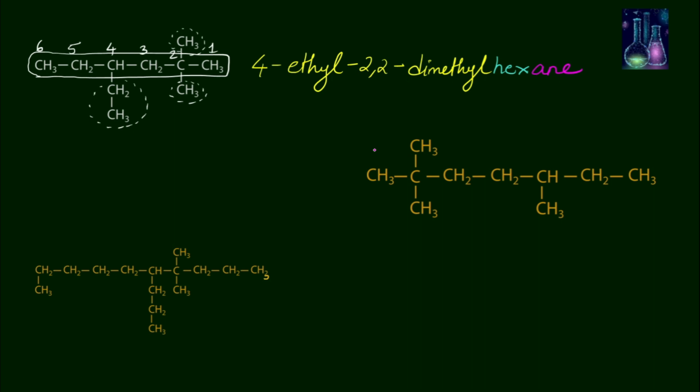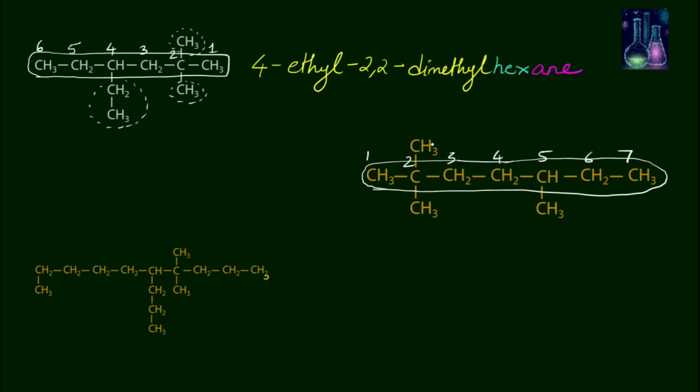Now let's try out this molecule. Let's identify the longest carbon chain. If I go from this end to this end, yes, this is the longest carbon chain, in which I have 1, 2, 3, 4, 5, 6, 7 carbons.